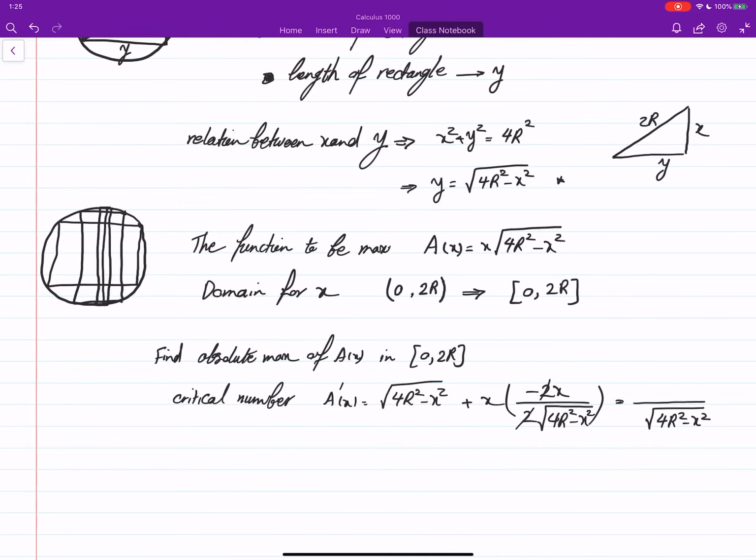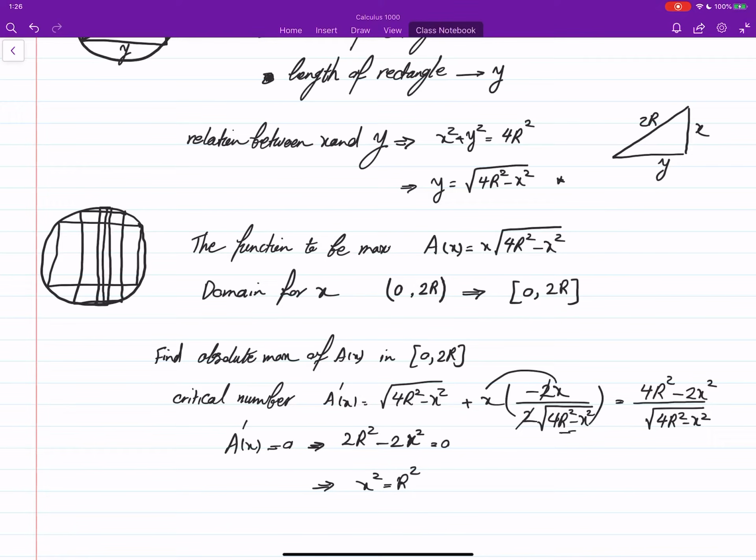The first part times the denominator will be 4r squared minus x squared, and there's another x squared here, so minus x squared. And set A prime equal to 0. That means that the numerator needs to be equal to 0.